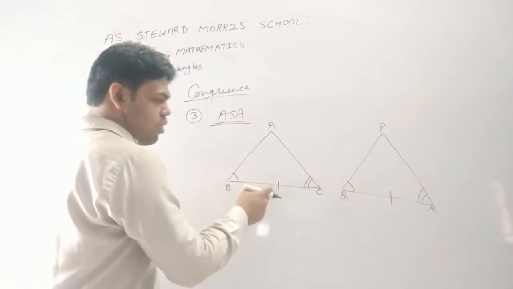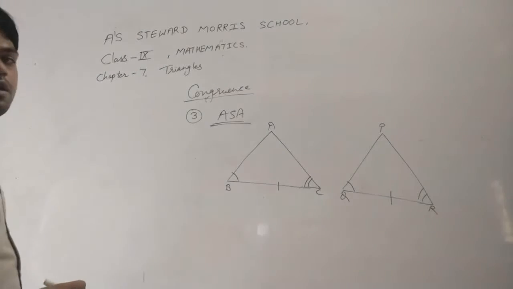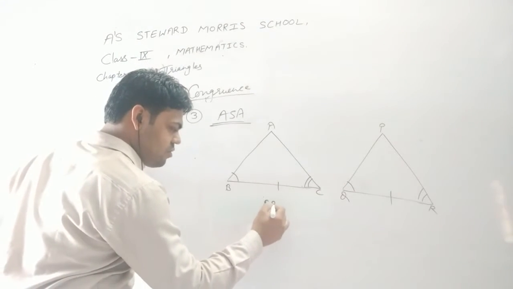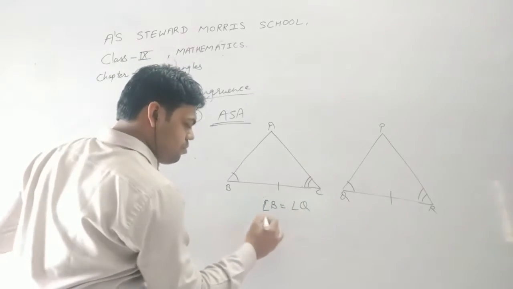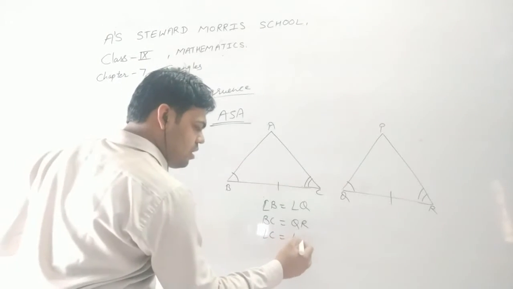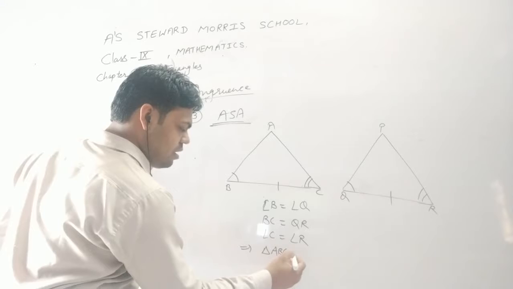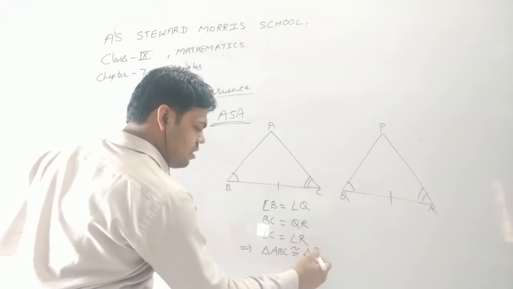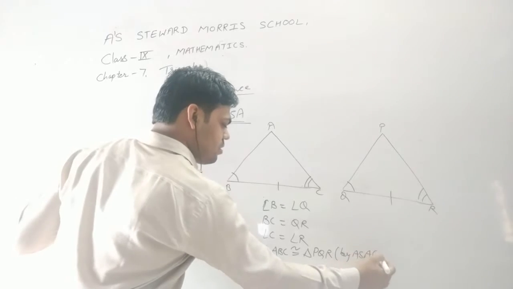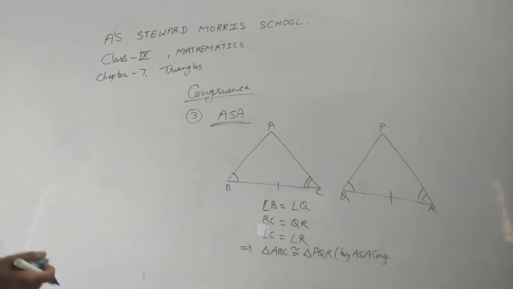Two angles and included side here, and also two angles and included side there. Then they will be congruent. So if angle B equals angle Q, BC equals QR, and angle C equals angle R, then we can write that triangle ABC is congruent to triangle PQR by ASA congruency rule. Okay, this is your third case.